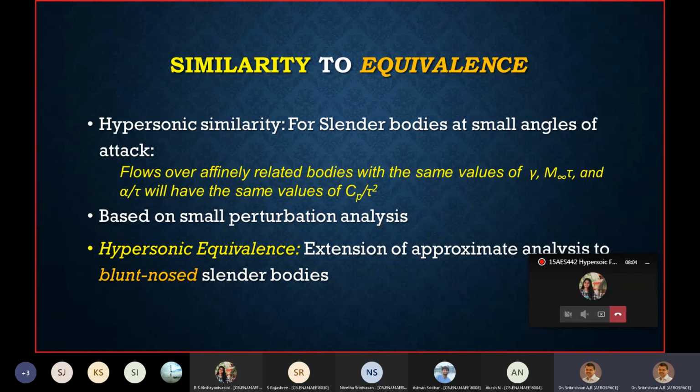This also has several applications in real hypersonic systems for reasons that we will see later. That is why blunt-nosed bodies are preferred in some cases. We'll be discussing that when we talk about heat transfer. From here, we will be looking at what is meant by hypersonic equivalence and the approach based on that concept, which will require a little bit of extension of a 2D steady flow to 1D unsteady flow.